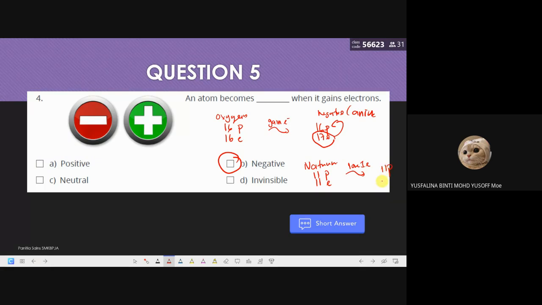The number of protons is higher than electrons, and protons are positive, so there is more positive charge. So when it loses an electron, it becomes a positive ion. So the answer should be B.